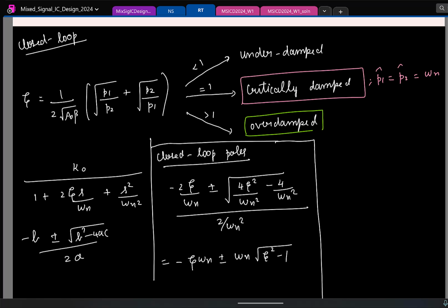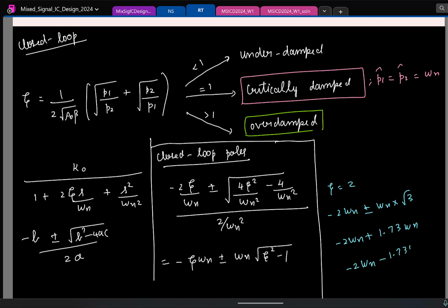I know that in this case, I have two poles on the real axis. This is going to be a real number, no questions. But the question I am asking is, if I look at the lowest frequency pole, there are two poles. One is at a lower frequency. Do you think its location is less than omega n or greater than omega n? Take some number. Let's say I took zeta as 2. What do I get? I have 2 omega n plus or minus omega n into root 3. So this is minus 2 omega n plus 1.73 omega n, and minus 2 omega n minus 1.73 omega n.